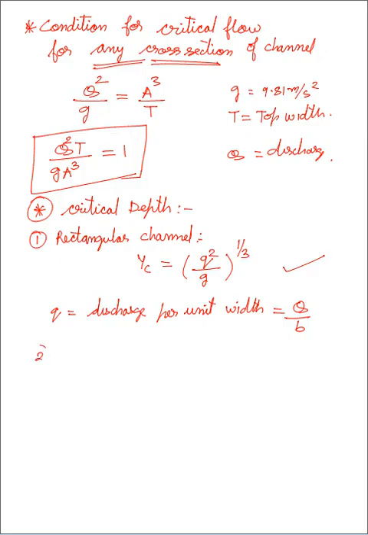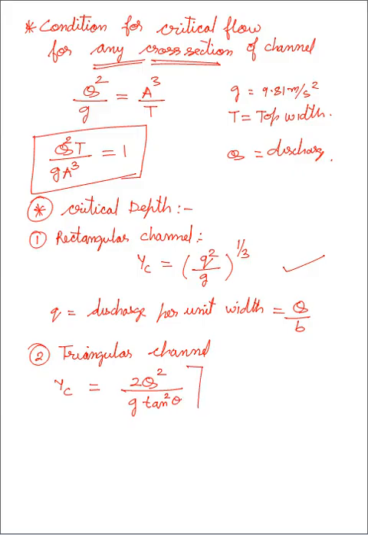And suppose they are asking it for a triangular channel, then we have to memorize this formula, that YC is equal to 2Q square, now this is capital Q, which is discharge, upon g tan square theta, whole raised to 1 by 5.